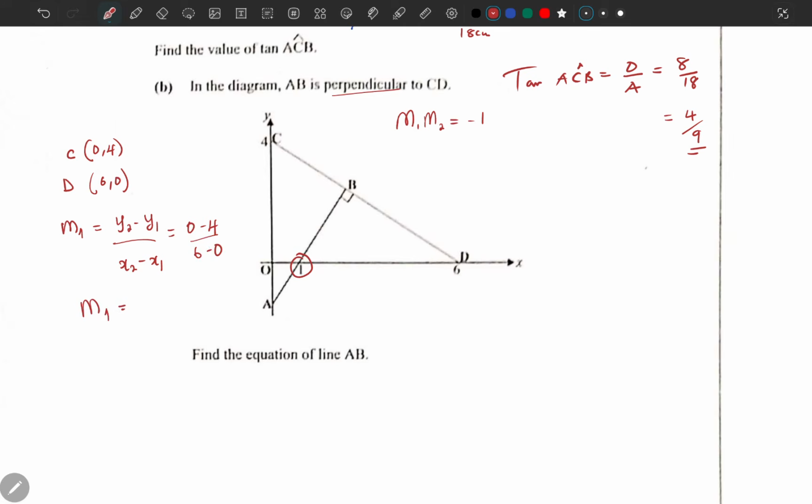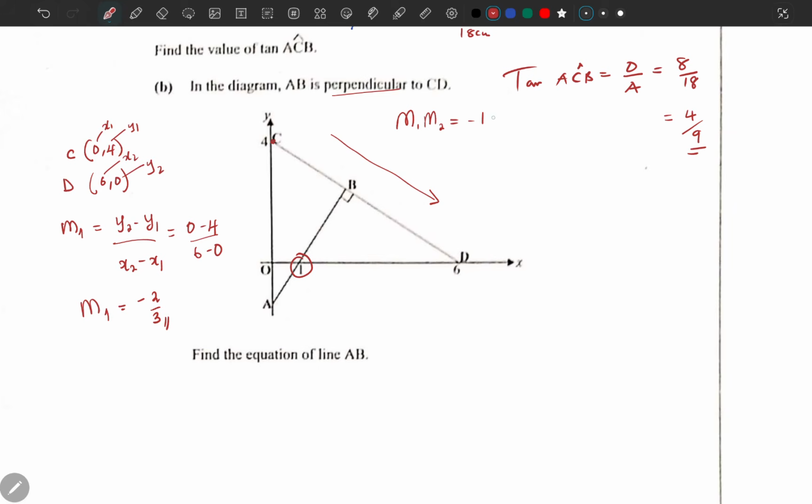M1 is therefore just equal to -2 over 3. Why are we getting negative? The line is sloping down, so you expect the gradient to be negative. Now we are starting from C to D, so this one is your x1, this is your y1, x2, y2. You're just plugging into the formula.